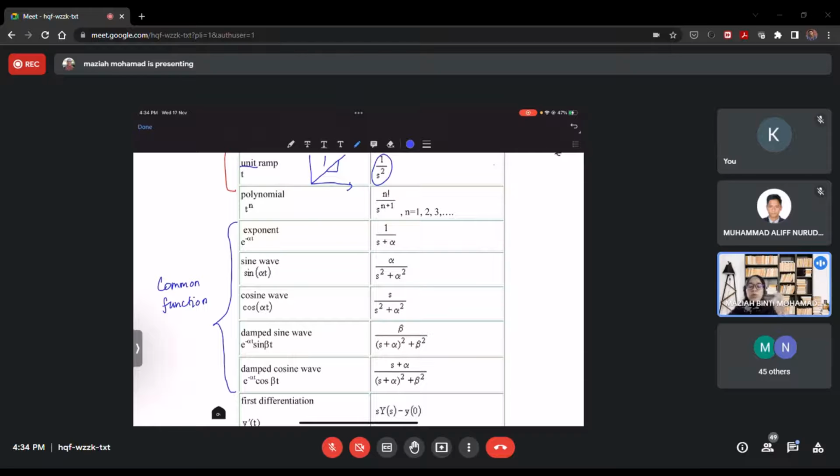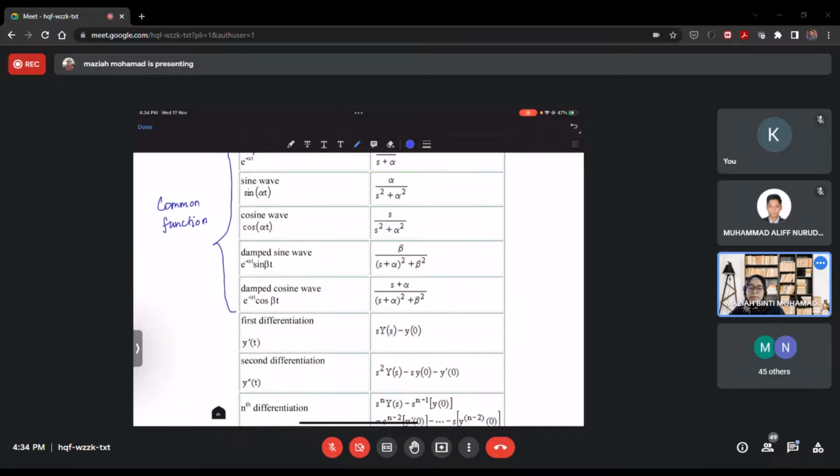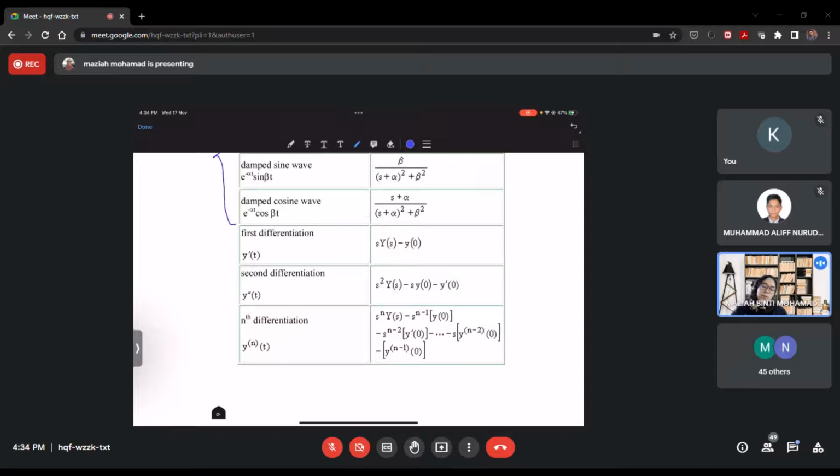The control system relates very much to this kind of function: exponent, sine wave, cosine wave, damped sine wave, and damped cosine wave. So this is a common function.